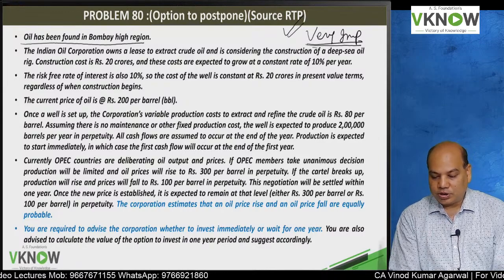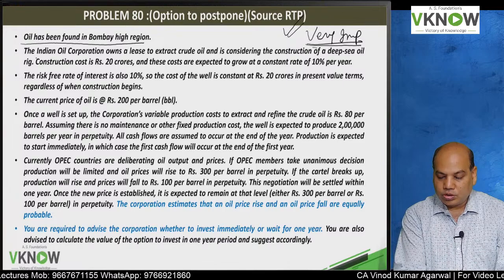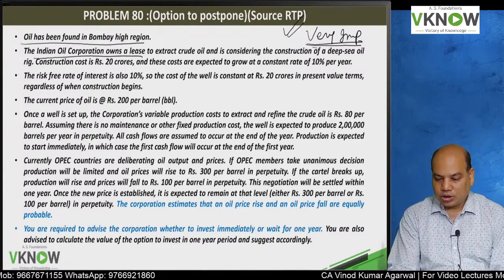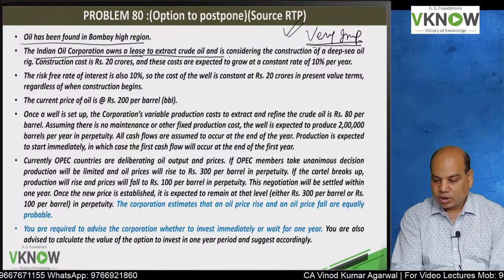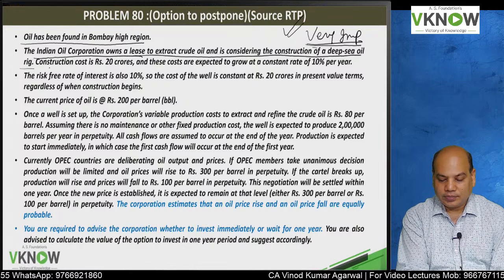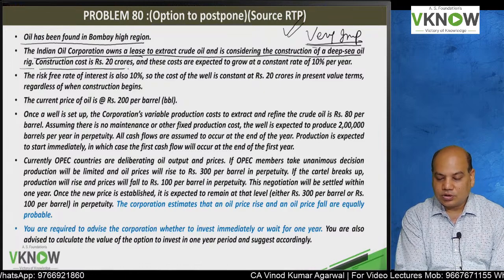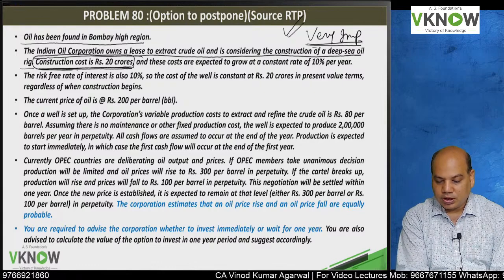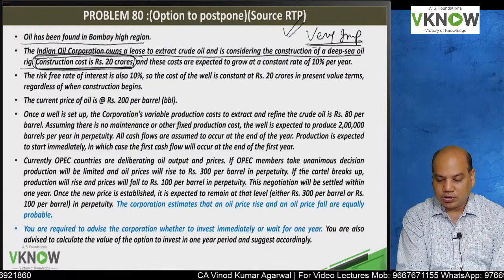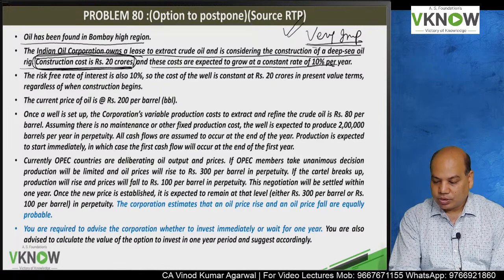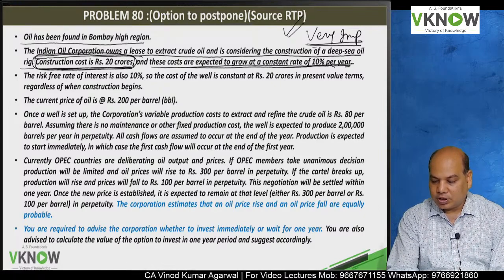Indian Oil Corporation owns a lease to extract crude oil and is considering the construction of a deep sea oil rig. Construction cost is 20 crore. This is the first thing you have to keep in mind. Construction cost is 20 crore and these costs are expected to grow at a rate 10% per year.